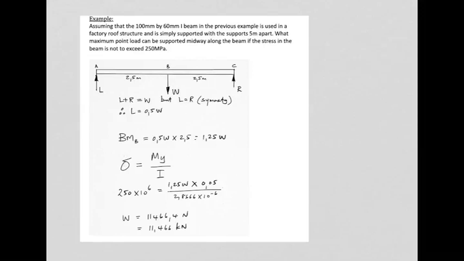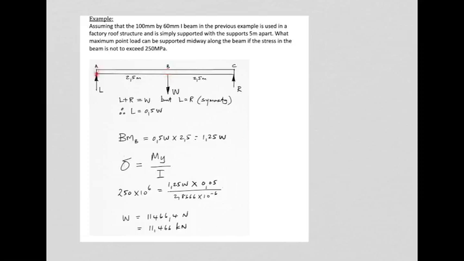Now, taking it a step further and assuming that that cross-section was in fact a section through a beam, as per this example, which is simply supported at its left end, its right end, and loaded at its midpoint as per the question, you would find that the bending moment would peak here at the midpoint.